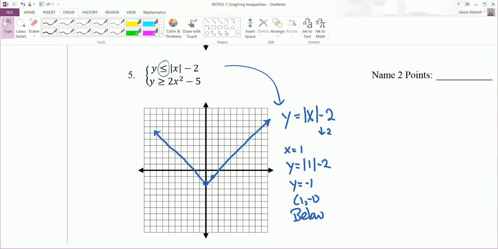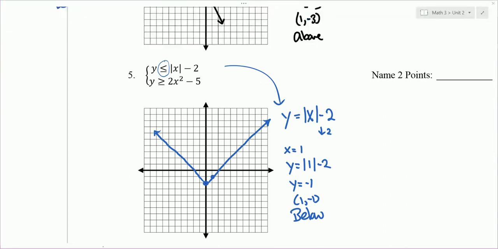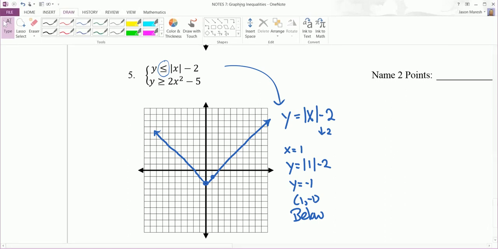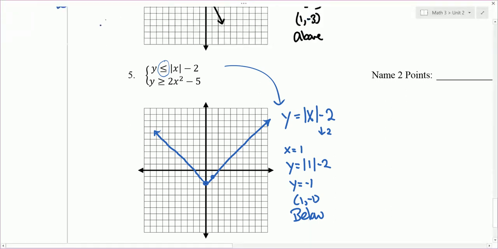Okay, the second one. So the second equation, we have y equal to 2x squared minus 5. That's quadratic because we have our x squared. That minus 5 drops the parent graph down 5 from (0, 0). So we're going to have a vertex at (0, negative 5).